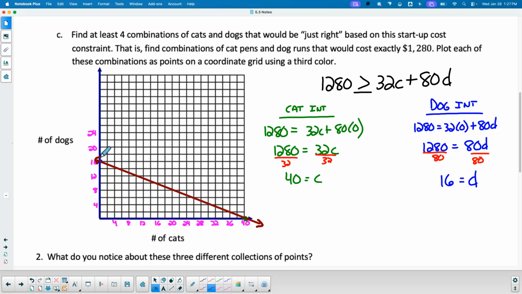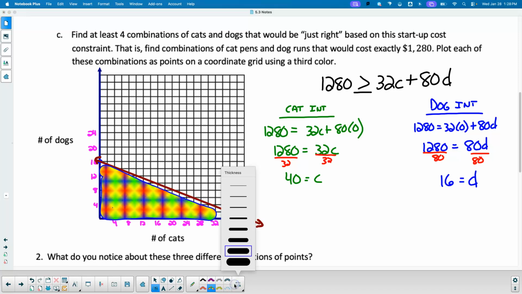So if they want to spend under that amount of money, they would spend in there, right? Or that would be a spot that they would.